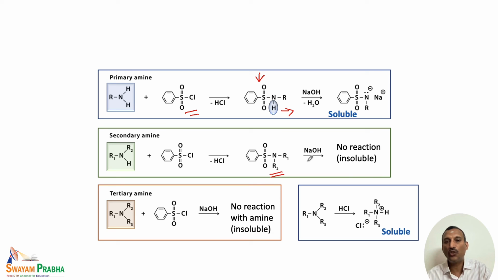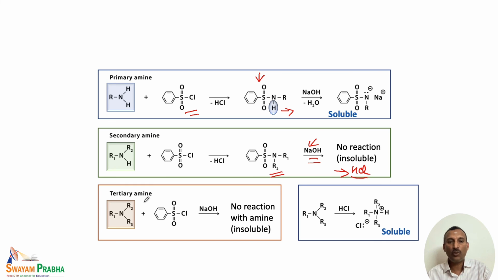So, this is insoluble in sodium hydroxide. In other words, when we try to dissolve it in sodium hydroxide, it is insoluble, and again this nitrogen being neutral is also insoluble in acid. So, that means this particular material is not soluble in base as well as not soluble in acid.